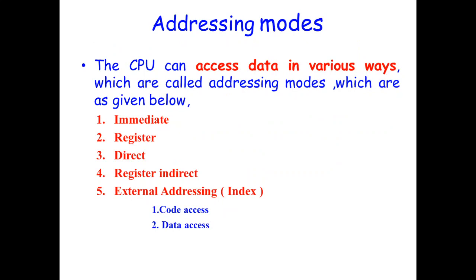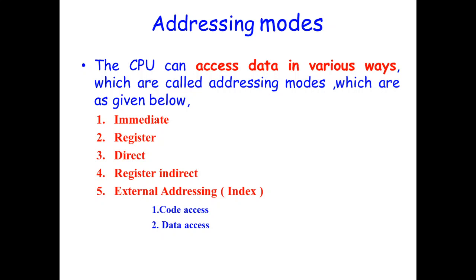Next one is our addressing modes. To write the program, we must know the different addressing modes. Now what do you mean by addressing mode? Here we can access data in various ways, and that is called an addressing mode. In 8051 there are 5 addressing modes.